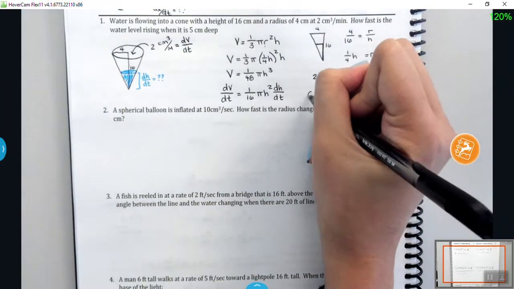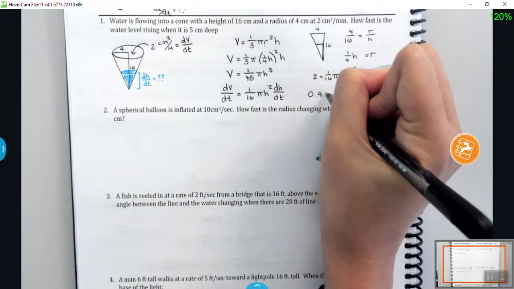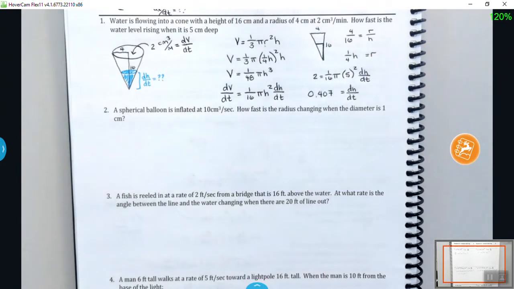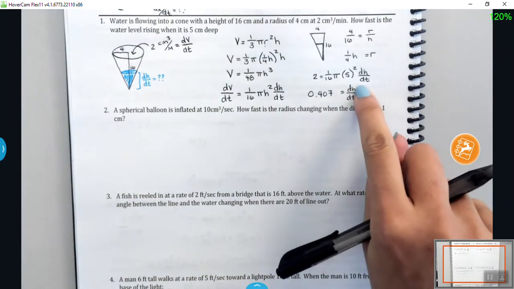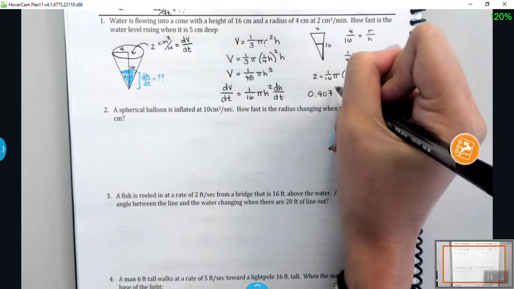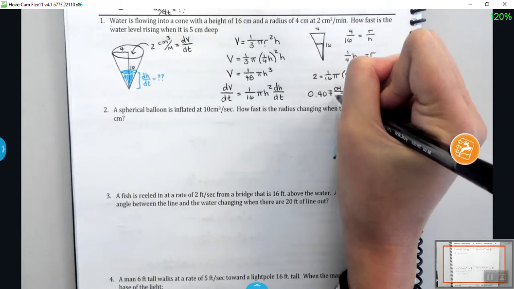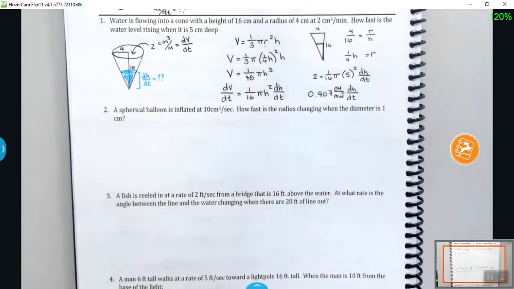I'll just give you 0.407. What will be our units? Height is in centimeters, right? And time is in minutes, so we go centimeters per minute.